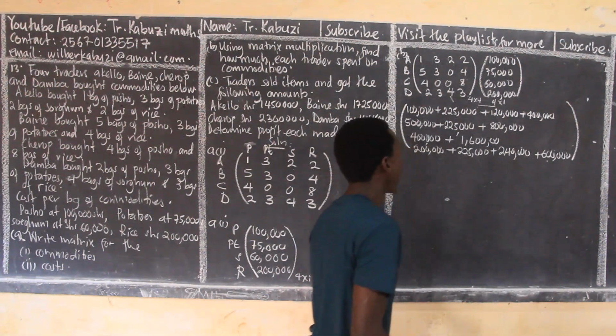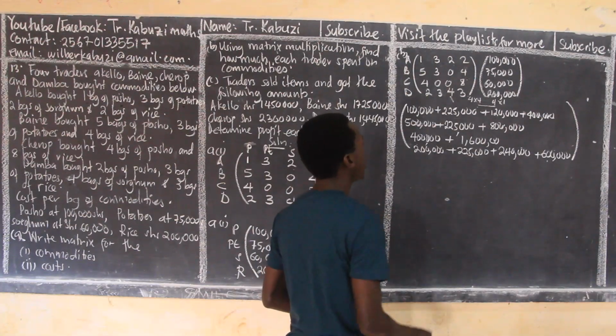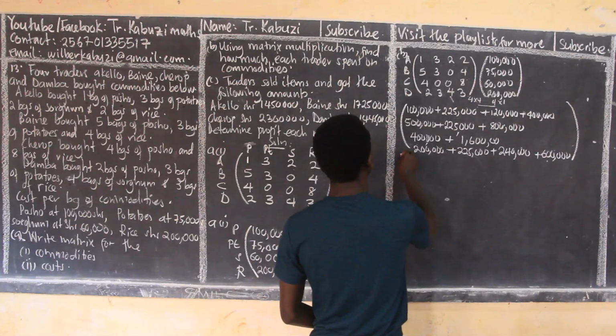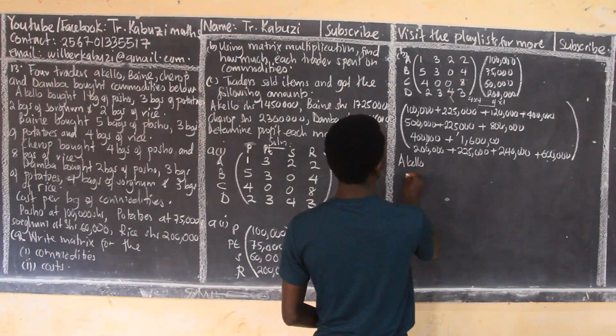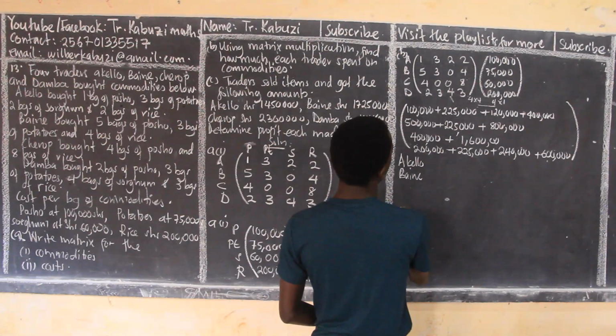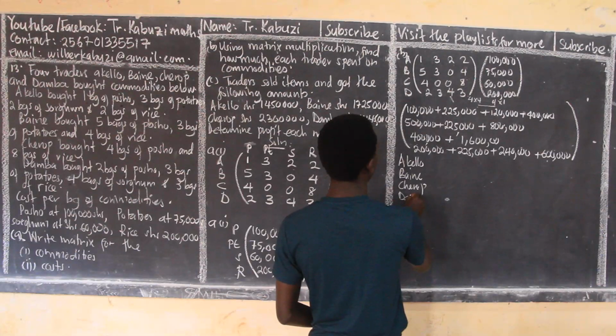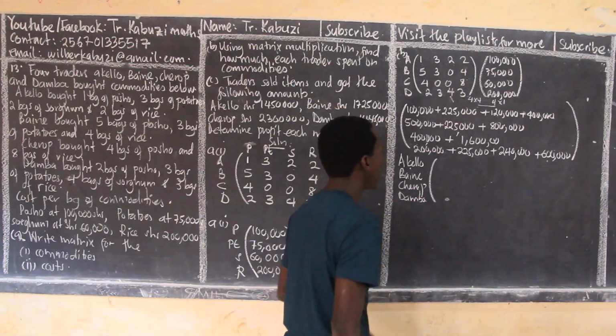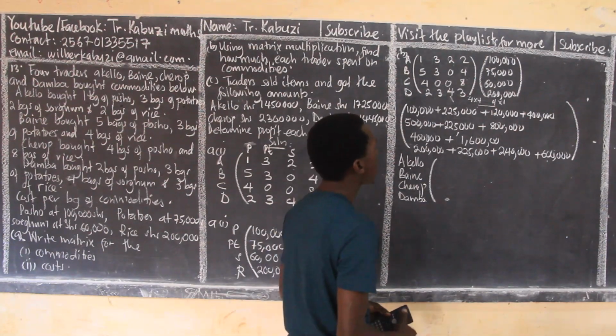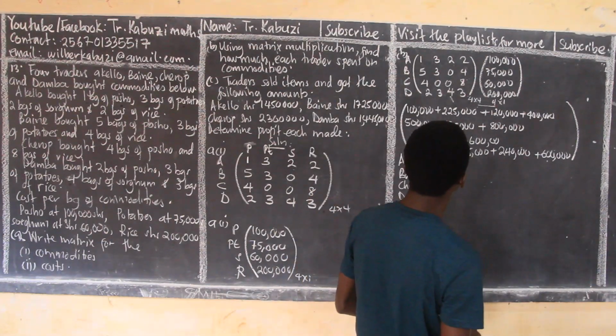Now what we have to do is put in the final. Remember, this is going to be our Akero, then we have our Baine, then our Cherop, and then our Damba here. I put them in that order. So here we need to just add and see what we get.